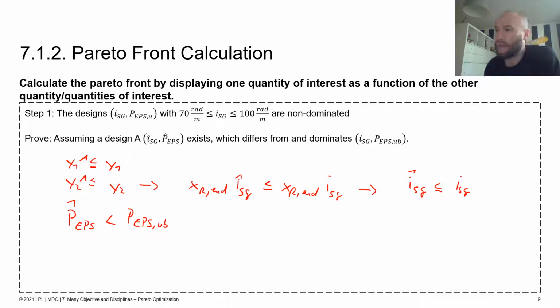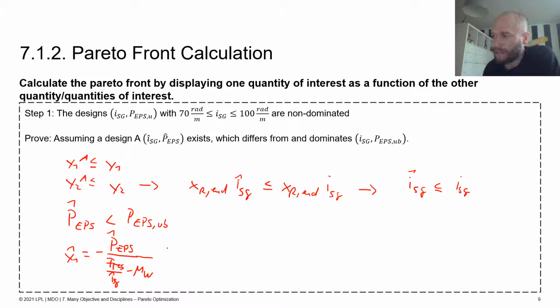And from that, since we know, and we had that on the first slide, that we want to have the maximum amount of power, this cannot dominate the Pareto front design anymore, because if that's the case, then we know that the first quantity, let's say Y1 roof, is minus the performance divided by the formula we derived before, so the resistance force and the gear ratio, minus the torque at the steering wheel.